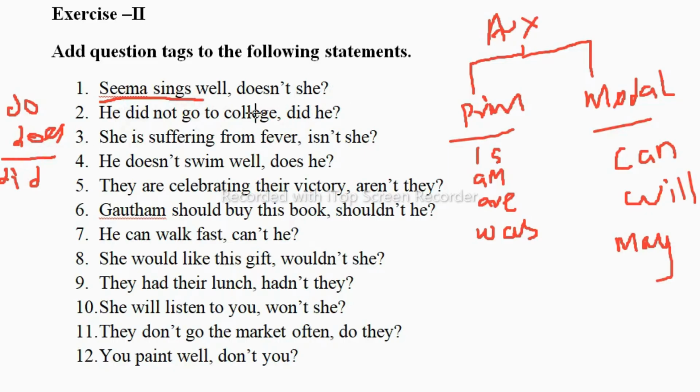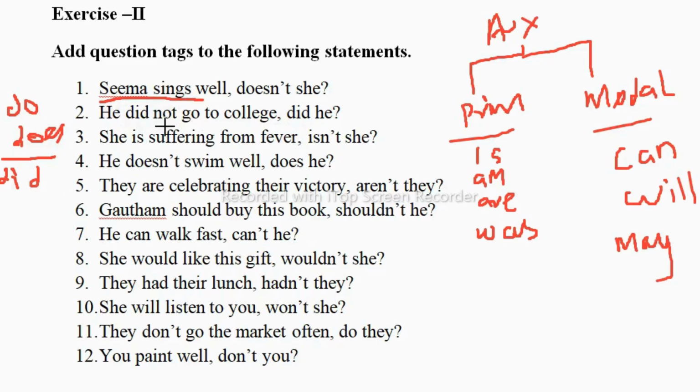Doesn't she? Because it is a positive statement, we have to write a negative question tag. If the statement is in past, then you have to use did. But whenever you already have a verb, you have to utilize that verb only to make the question tag. If you don't have a verb, like the first statement, you have to use either do, does or did.